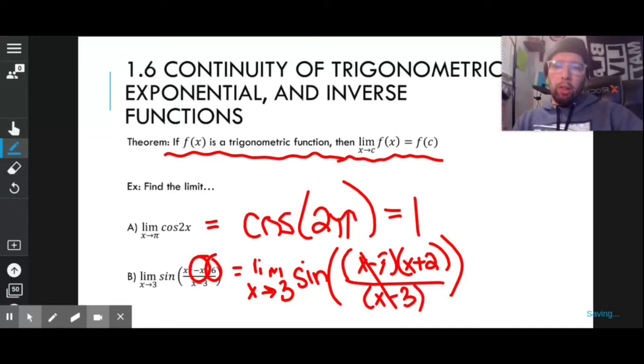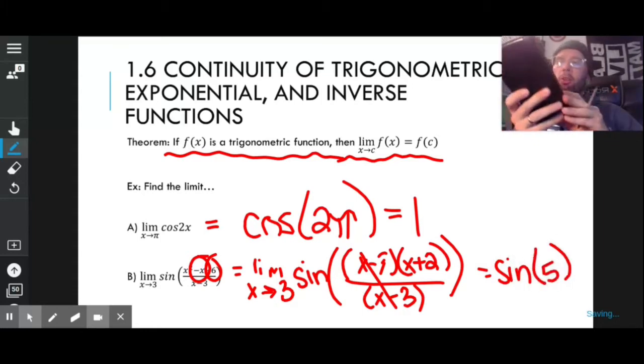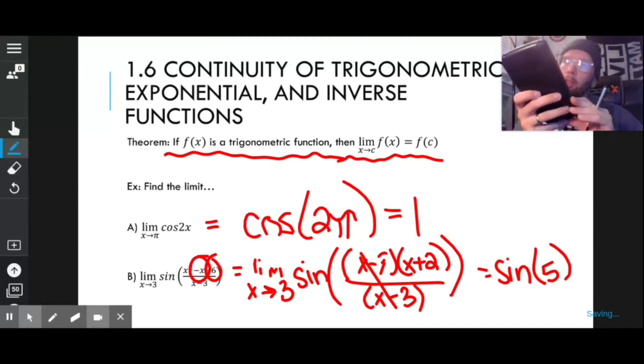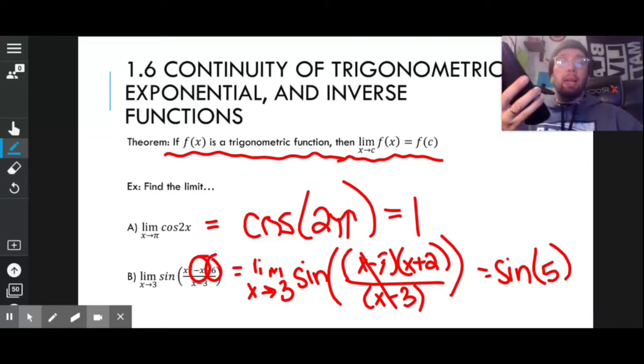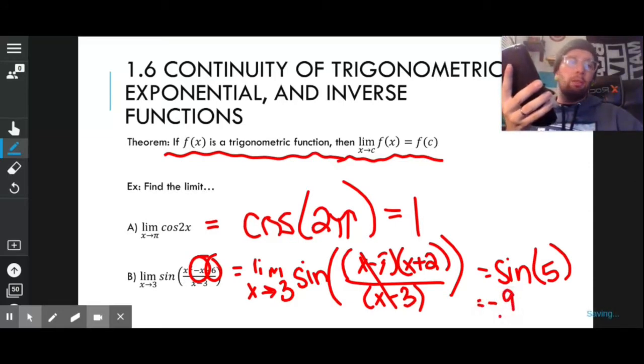And so the limit as x approaches 3 of just sine of x plus 2 is going to be the same thing as sine 3 plus 2, or sine 5, which is just going to be some terrible, horrible number. Let's plug it in, see what it is anyway. Negative 0.9589.